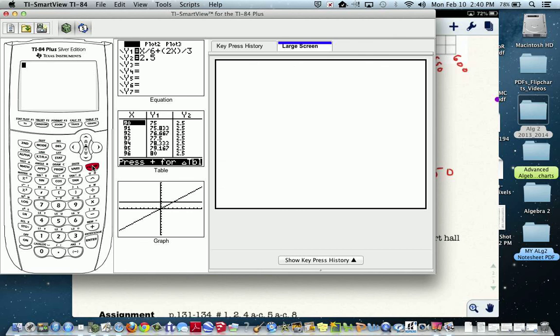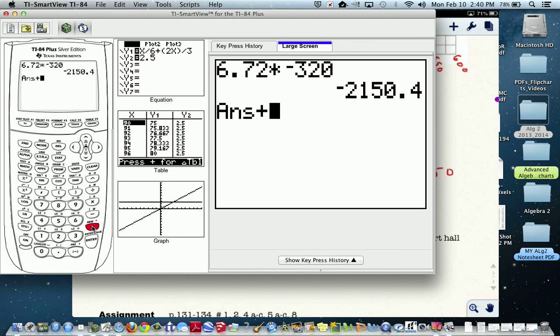On the calculator, let's clear that out. You're going to do your 6.72 times the negative 320, but then you still have your 2353.50 that you have to add.